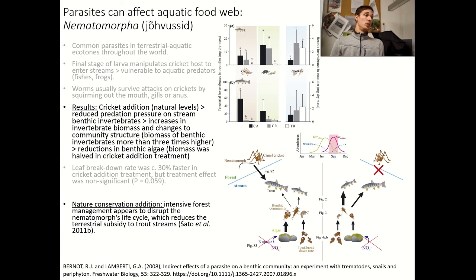And if they wanted to look at ecosystem processes, then quite often the method used is to look at leaf breakdown rate, so how fast the leaves in the stream are breaking down, which is really important in the ecosystem.